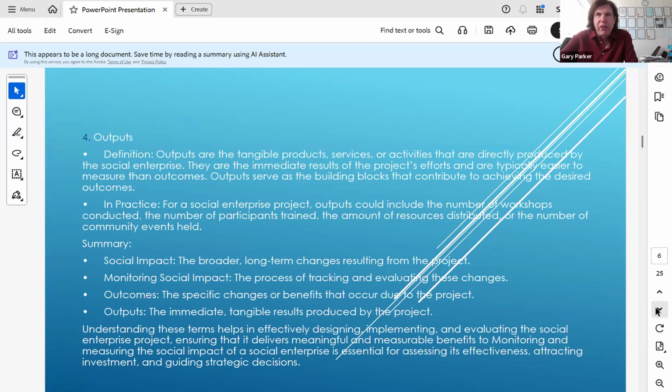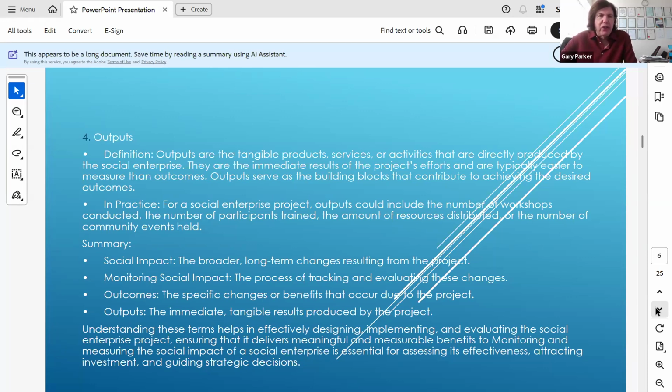If you're running an employment program, the training you give to your beneficiaries is the output, and you can measure that. The outcome is that they will get jobs, and then the social impact off the back of that is an improvement in economic health and activity in that particular community. So there are a number of ways you can look at this.